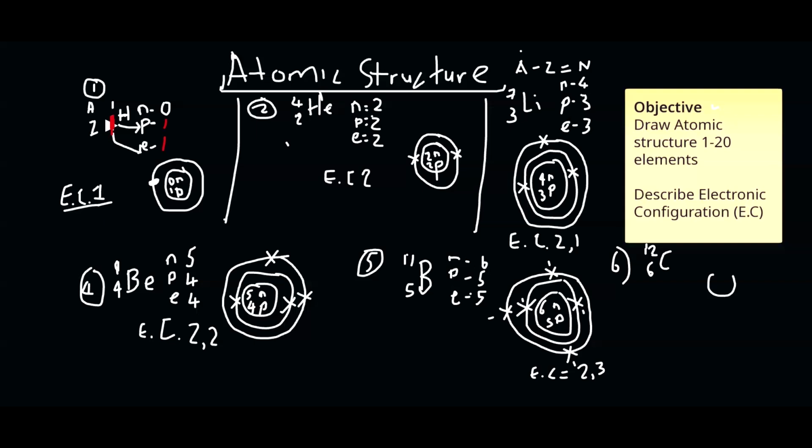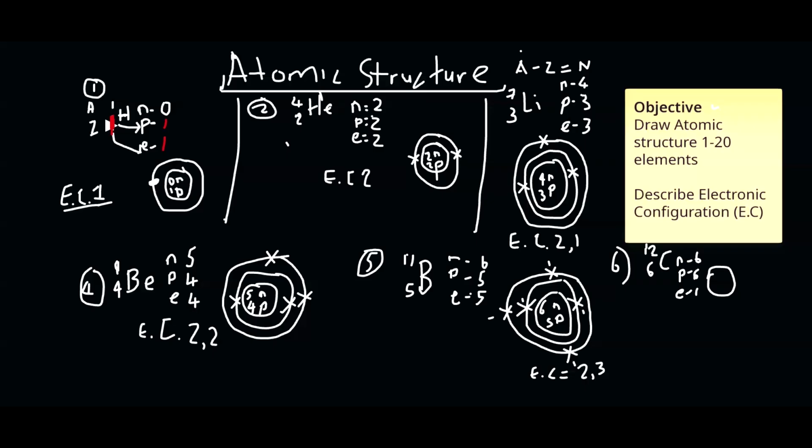So N and P. How much N do we have? 6. How much P, how much E? 6 and 6. Good.